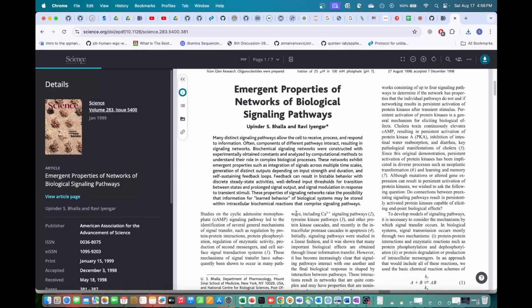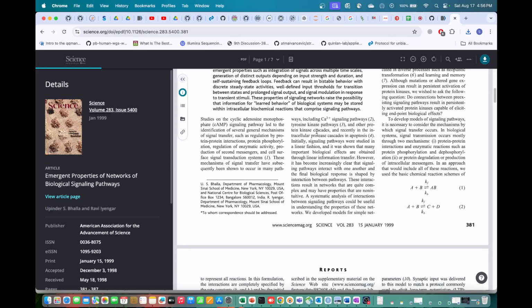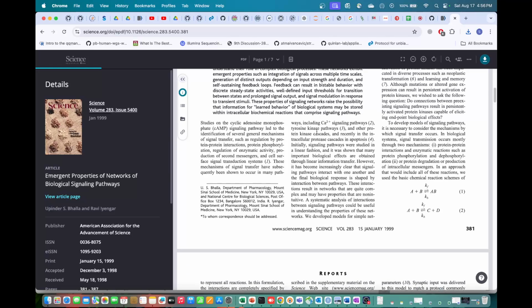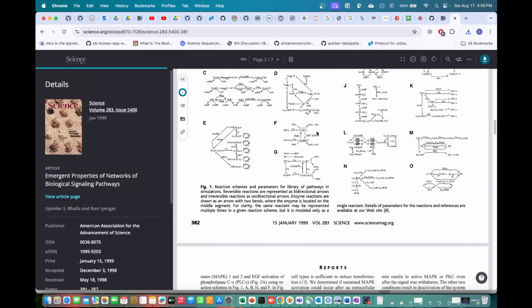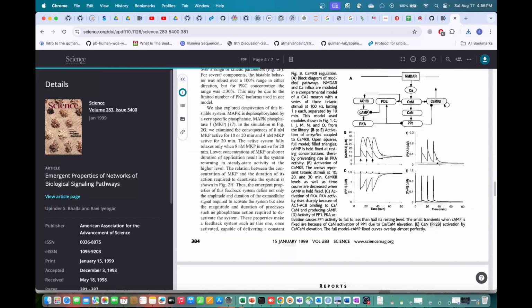Okay. So Ravi Iyengar is a very famous systems biologist. He's one of the earliest ones. He's from Mount Sinai Hospital. He has worked a lot on systems biology and related pathways and how you can model them.